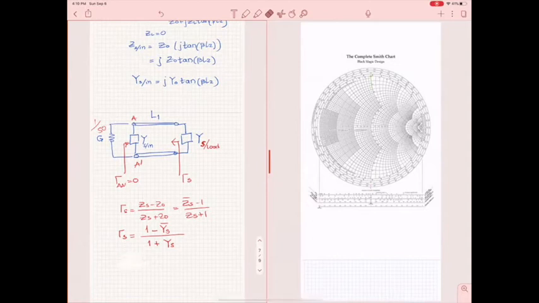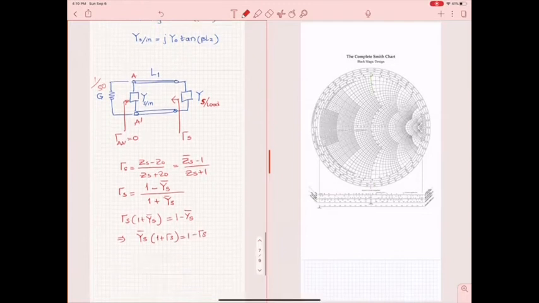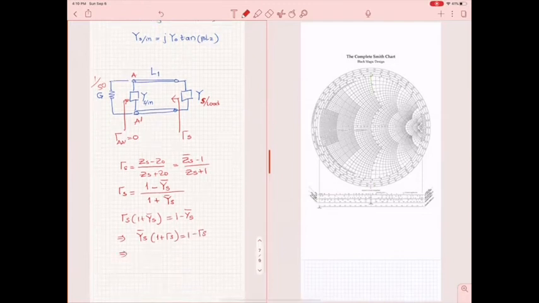So it's gamma s, 1 plus ys equals 1 minus ys, which means that ys times 1 plus gamma s equals 1 minus gamma s, which means that ys is going to be 1 minus gamma s divided by 1 plus gamma s.